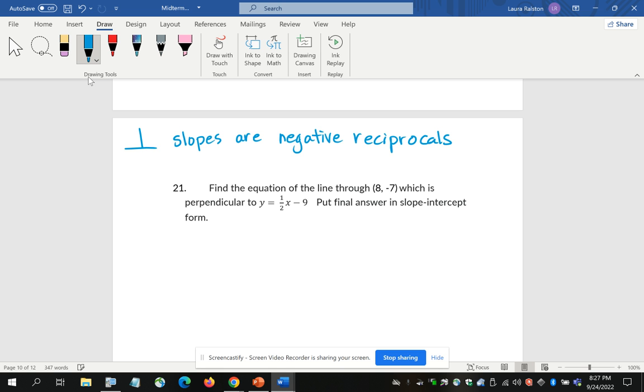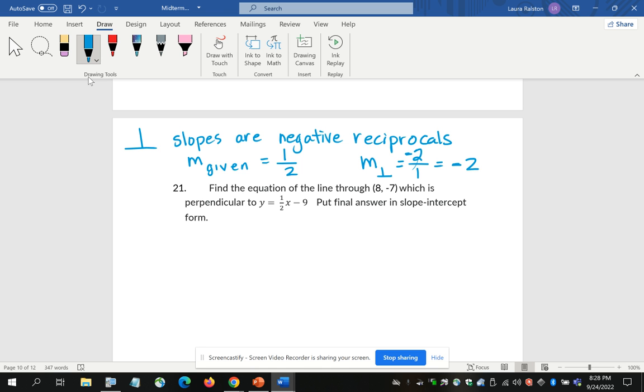So the slope of the line that is given is positive 1/2. The slope of the line that is perpendicular is going to be, you're going to flip it and change the sign. So 2 over 1, make it negative. So you got -2.